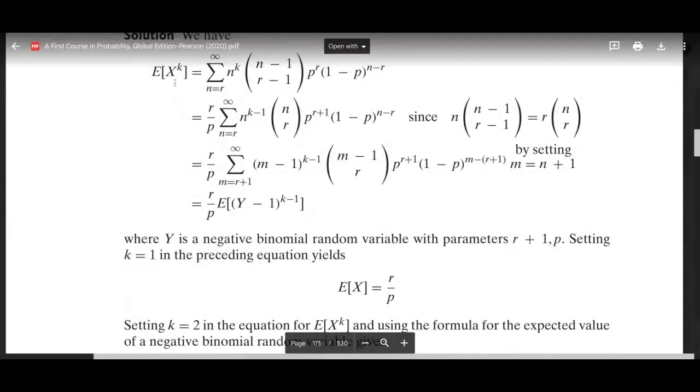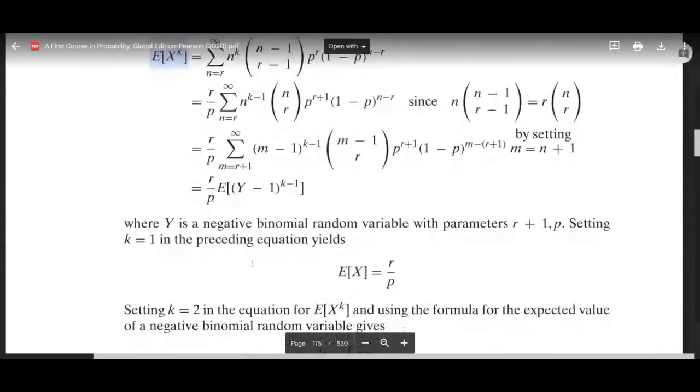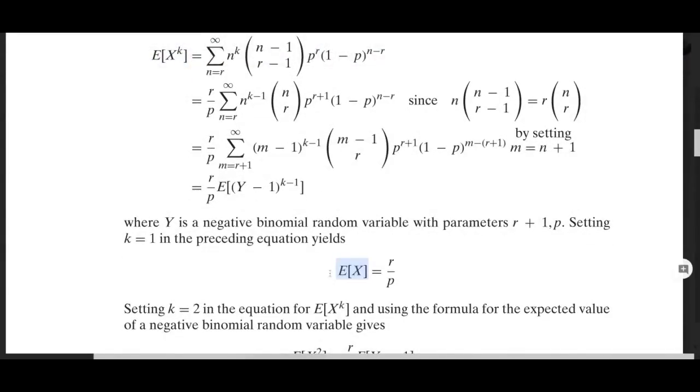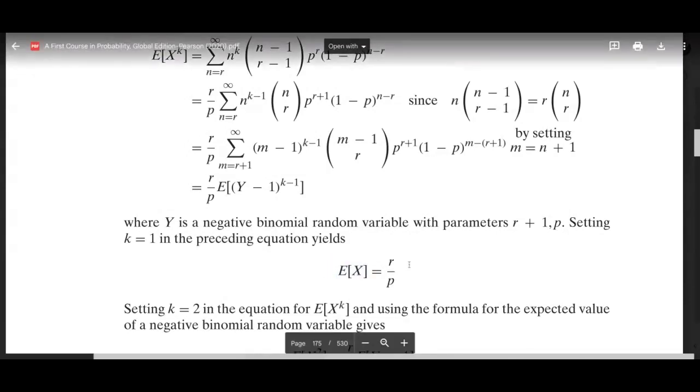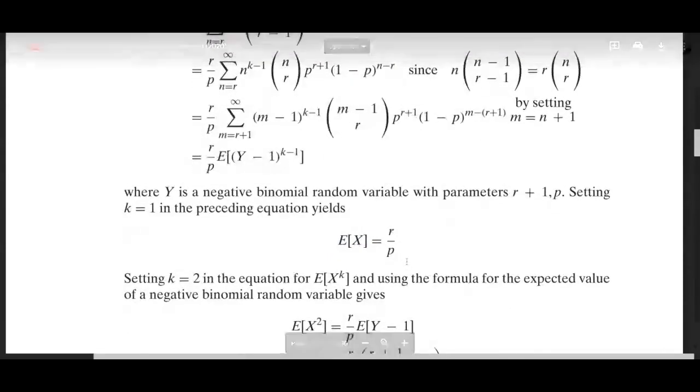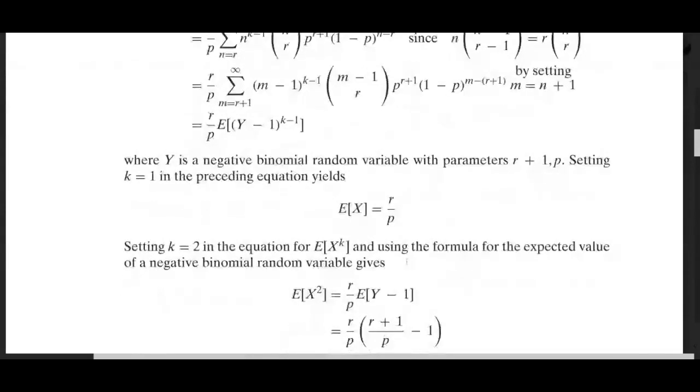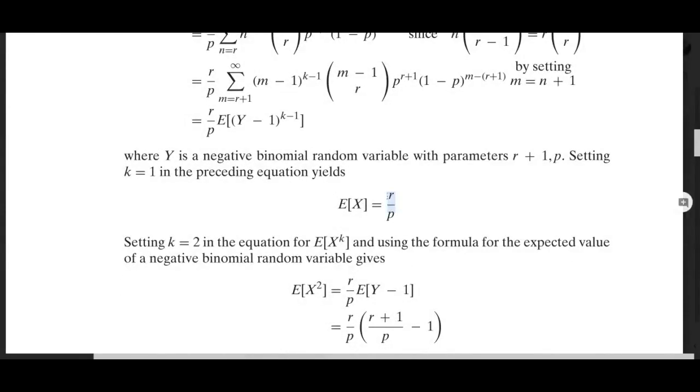Well, x raised to 1, that is the expected value. So the expected value is just r over p. R is the accumulated successes, p is the probability.